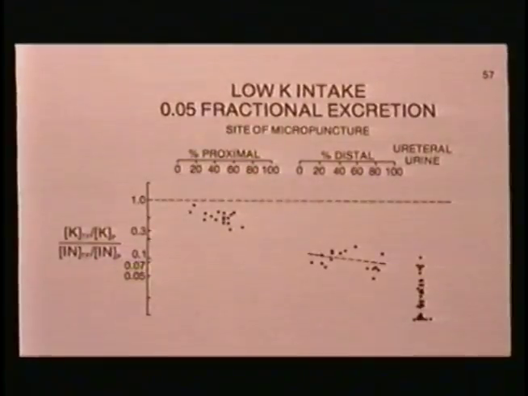About 0.1 remains at the end of the loop of Henle and enters the distal tubule. About 0.07 remains at the end of the distal tubule, and 0.05 at the end of the collecting duct. These data show continuing net potassium reabsorption along each of the main nephron segments.